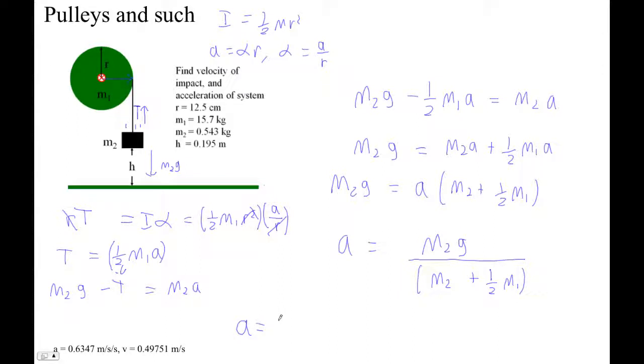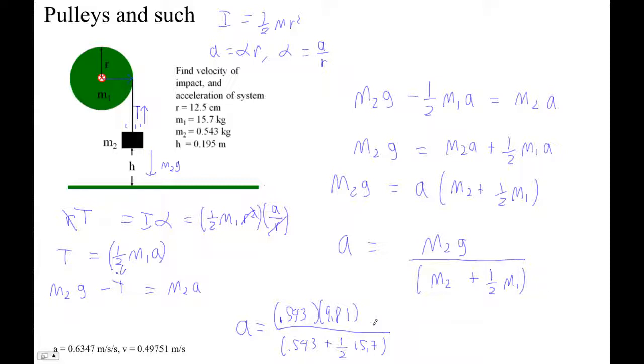a is m2, 0.543 times 9.81, divided by 0.543 plus half of that other one. The other one's 15.7, so half of 15.7. All right, let's calculate that.